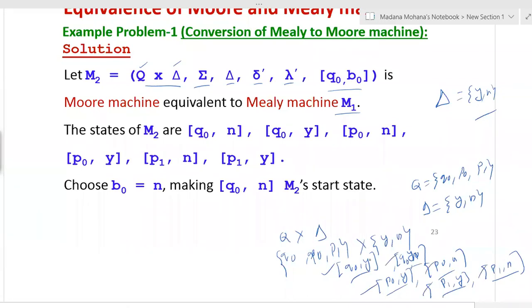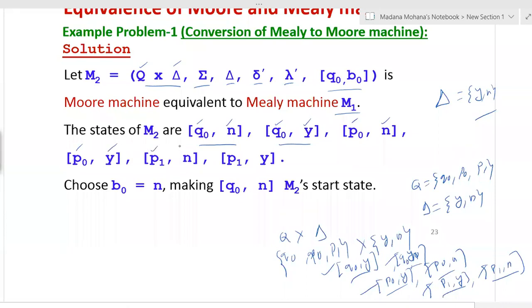Now you can find out the transitions of all these states on the given inputs. See here, the same states are written here. The states of M2 are: the first one is q0, n, then q0, y. So the state q0 with first output n, then the state q0 with second output y. You can take any order, n, y, no problem. Then the second state p0 with output n, and p0 with output y.